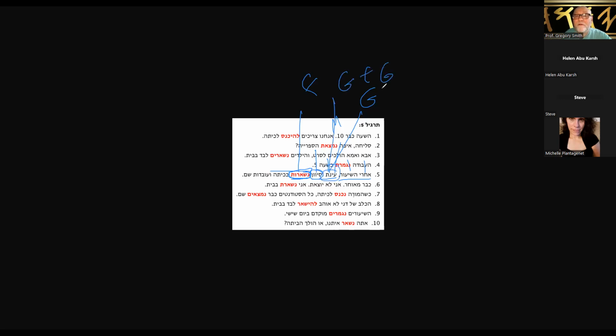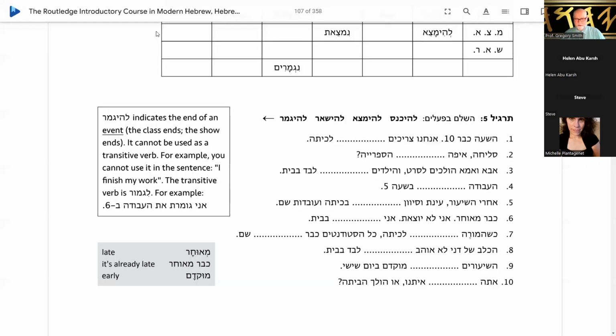Girl plus girl equals feminine plural form, nisharot. Okay, well, I learned my lesson. So we just got to remember Einat and Sivan bakita va'ovdot sham, in class and working there. Okay, I hope that makes some sense, at least a little bit.